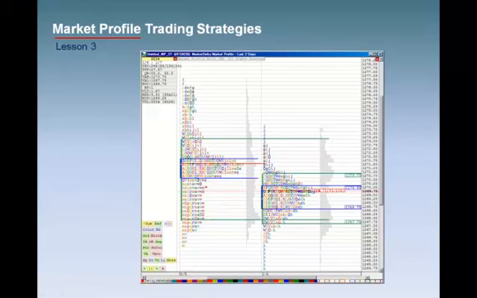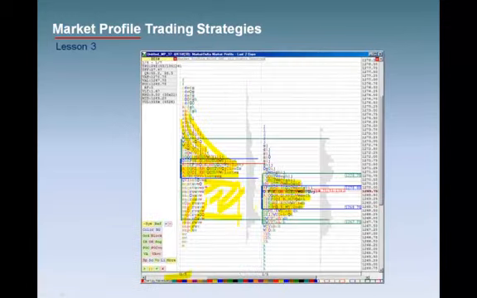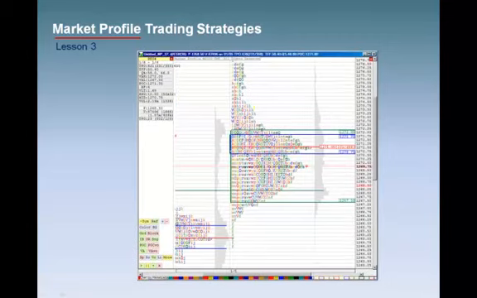Now, what I've done here on this chart is I've created a composite, a blend, if you will, of the 2 days together. The 2 days that we saw, now take a look at them when we compile them together. This is what it looks like. Now notice the bell curve that develops, and notice how the idea of balance comes into play.